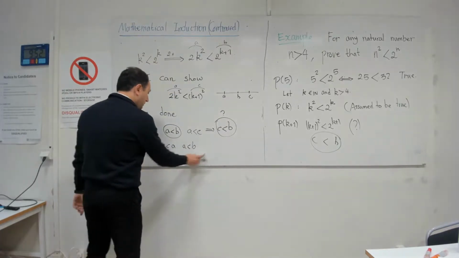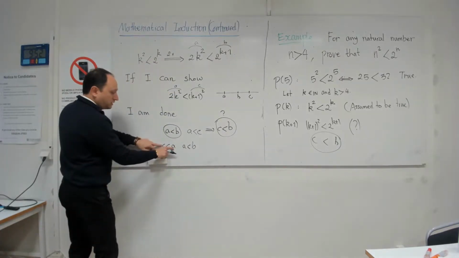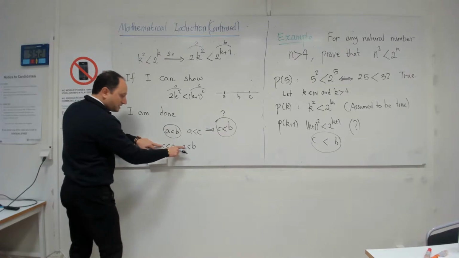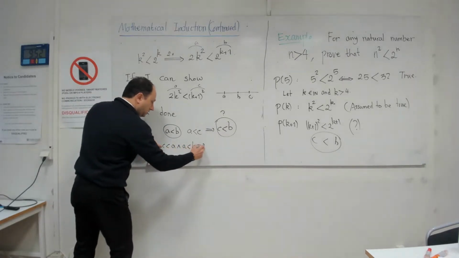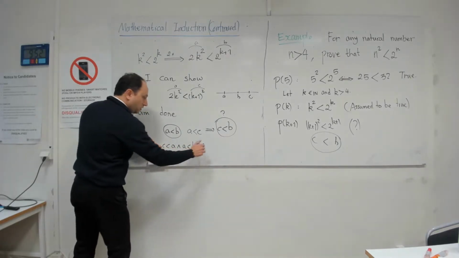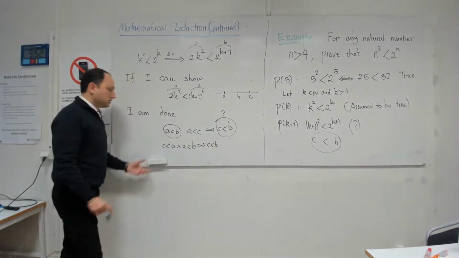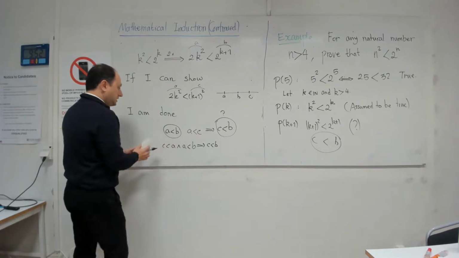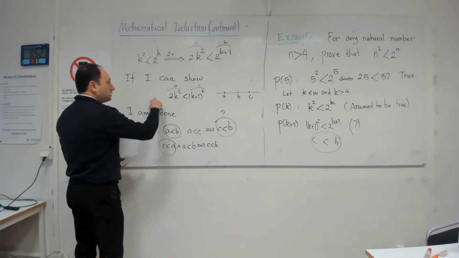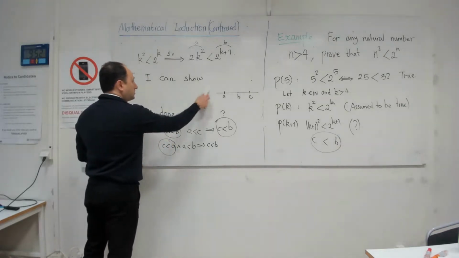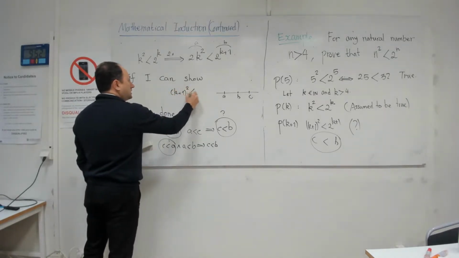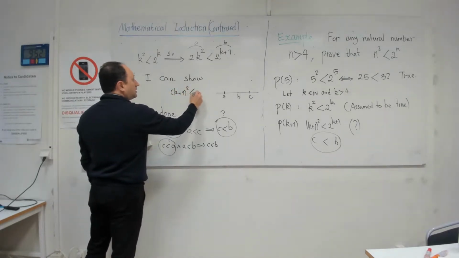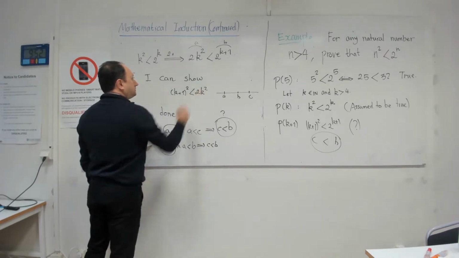So this means that this will work. If C is smaller than A, and A itself is smaller than B, then we can immediately conclude that C is smaller than B. So what I want to put here is this expression. This I clean and correct. So it means that I need to show k plus 1 squared is less than 2k squared.